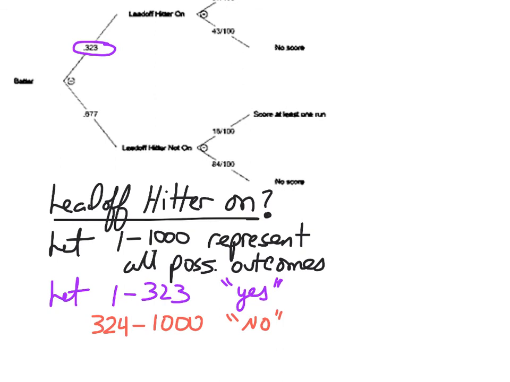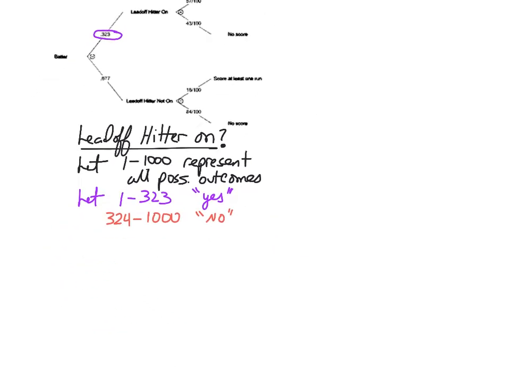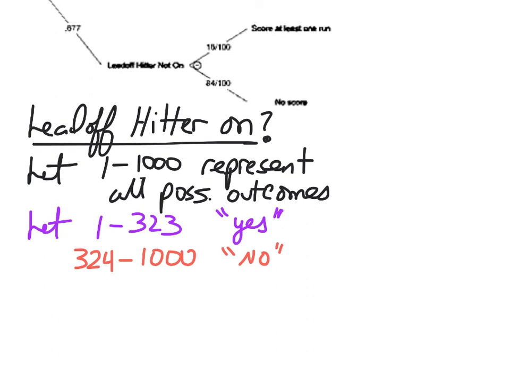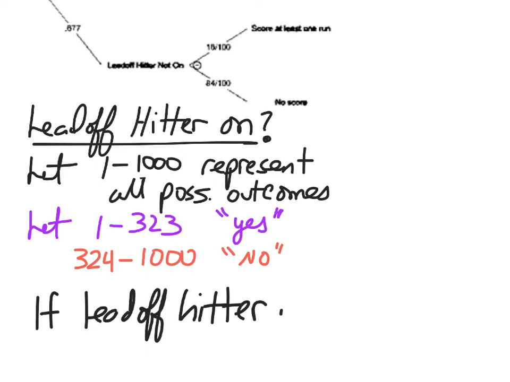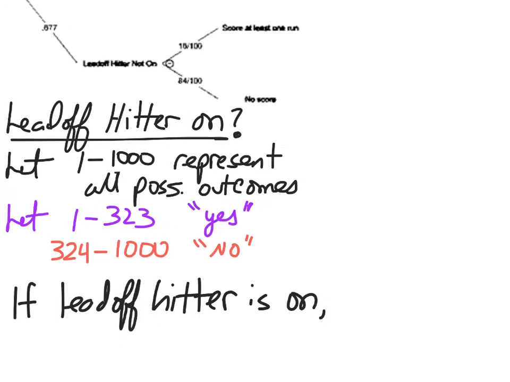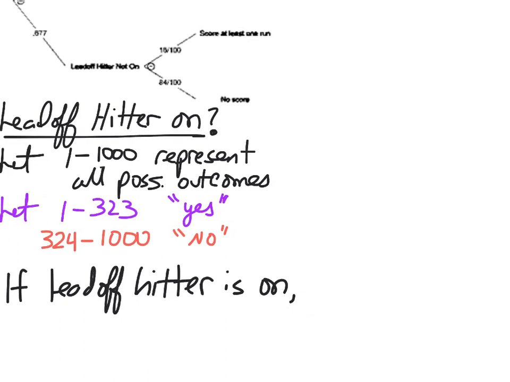So the next layer to this would be the condition if the leadoff hitter is on. Did at least one run score?